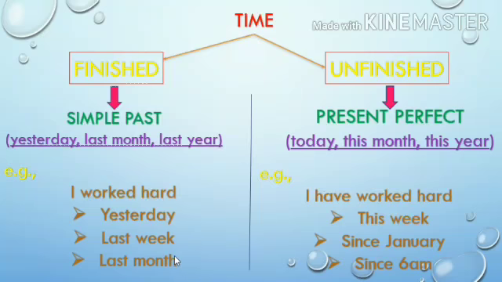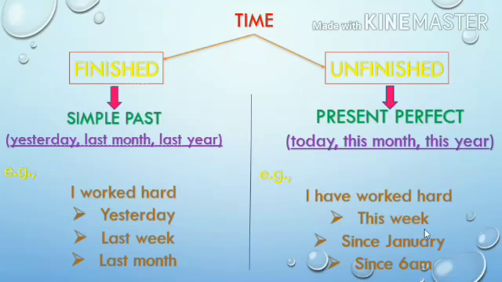Now if we are talking about present perfect, we could say I have worked hard this week. Now I am using an unfinished time because the week is not yet over. It's still unfinished. I could also say I have worked hard since January. Since January means from January till now.